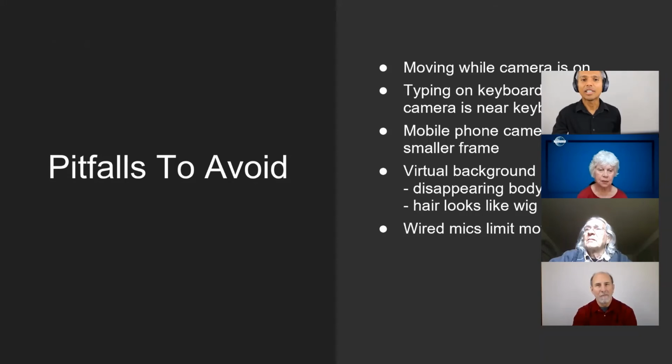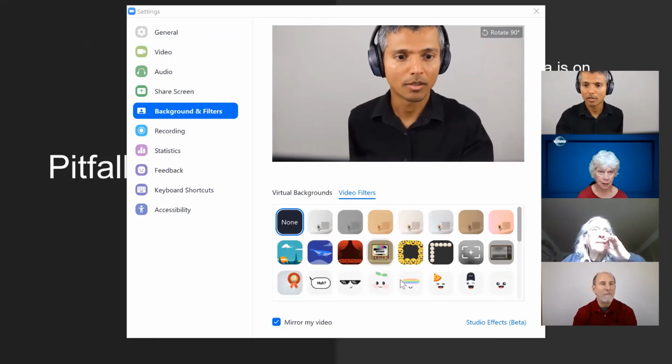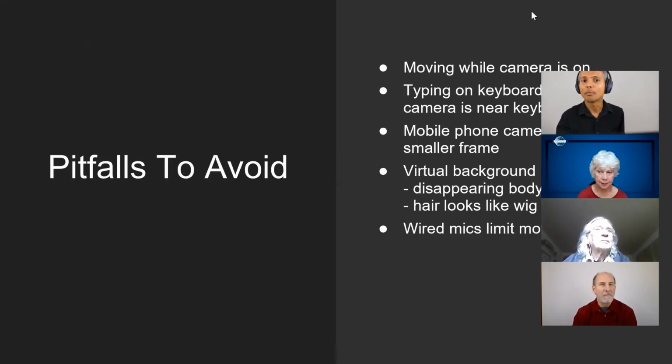There is actually a choose video filter option. Go to stop video, there is a choose video filter option. Beside the stop video, there is an arrow, and then there is something called video settings.